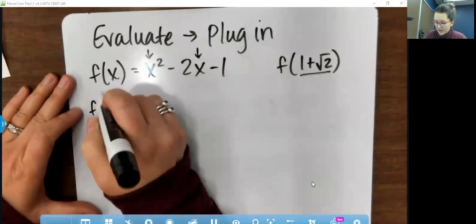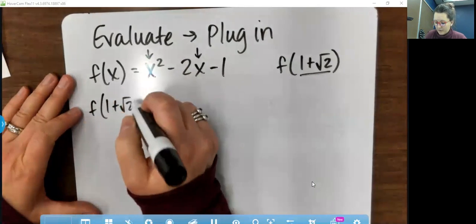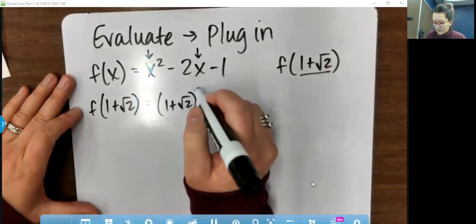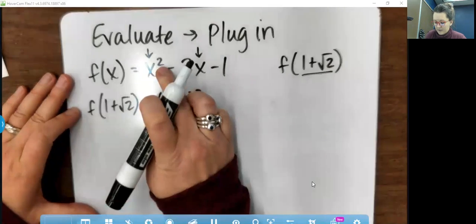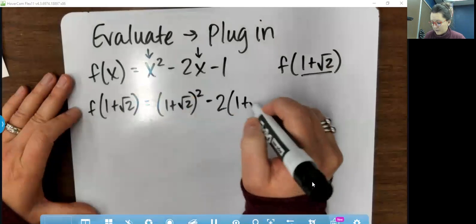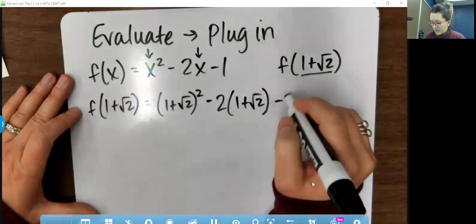So here I have f of 1 plus square root of 2 equals 1 plus square root of 2 squared. It's just the x, so we have to leave the square root there. Minus 2 times 1 plus root 2 minus 1.